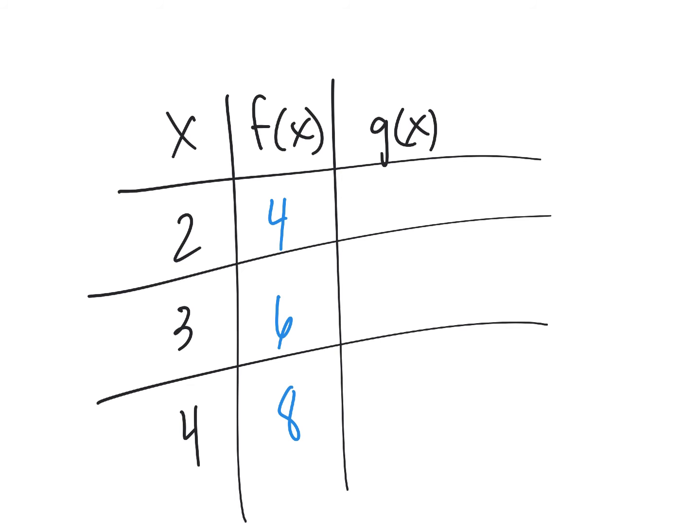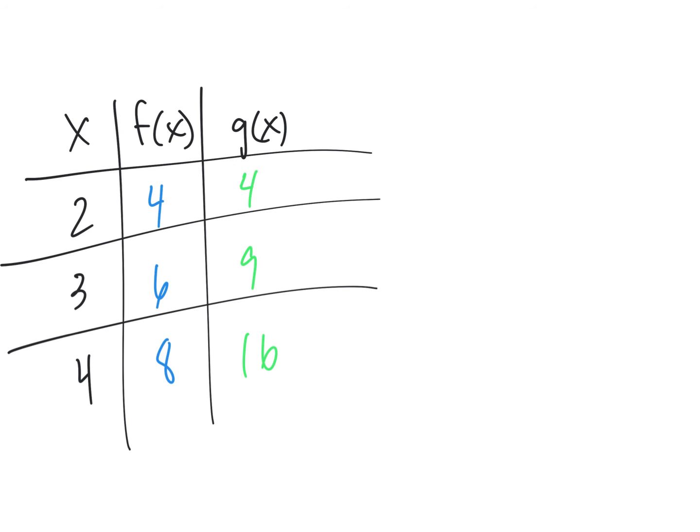And g of x, 4, 9, and 16. All right. Everybody figure out what f of 3 is. Not g of 3, f of 3. Write it down, f of 3 equals, and then zoom in on it, and I'll tell you if you're right or not. What do you think it is?